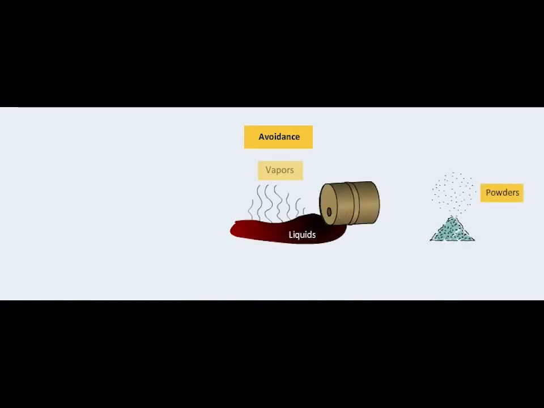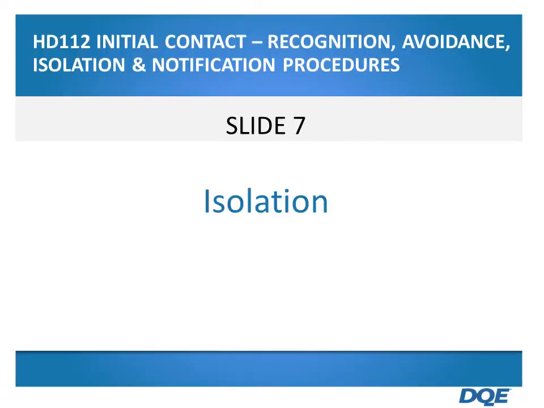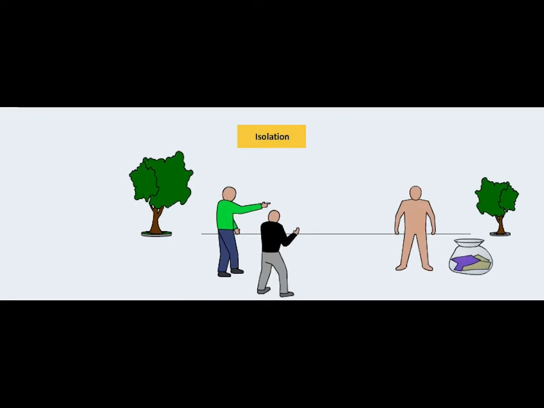Avoid the hazard or contamination. You need to be aware of the initial actions to take to avoid liquids, powders, or vapors which might be associated with your patient's clothing. Isolate the hazard. You need to know the initial actions to take to isolate or reduce exposure to any contamination or exposure threat.